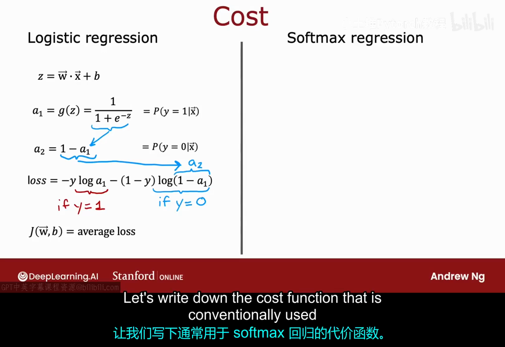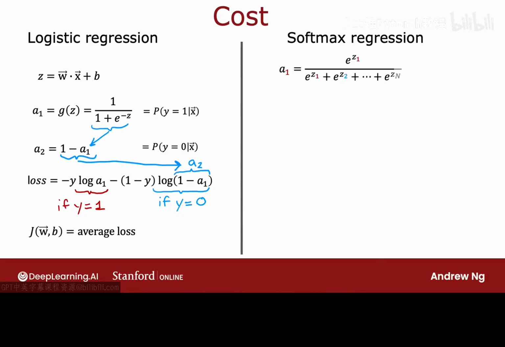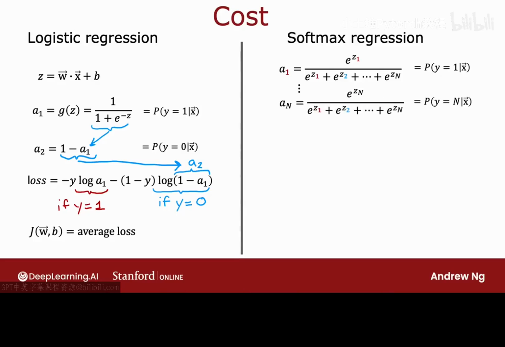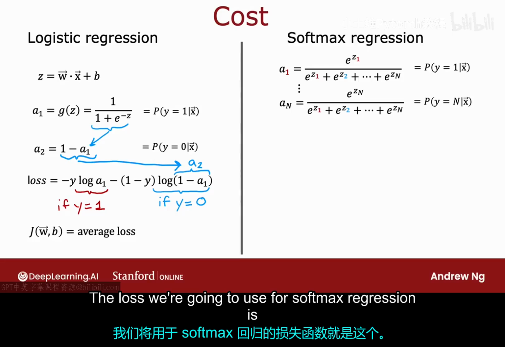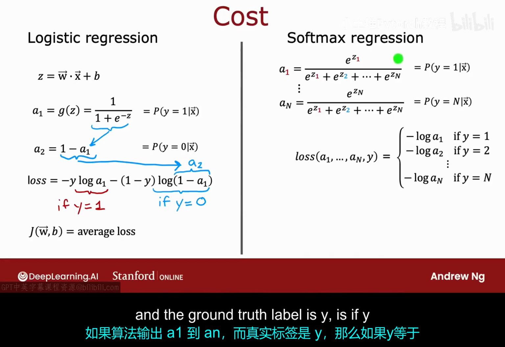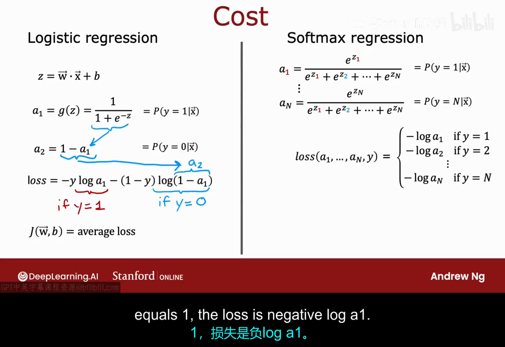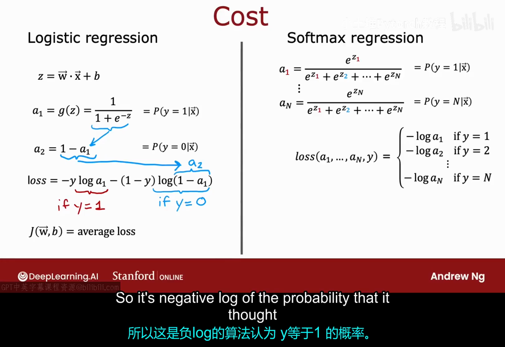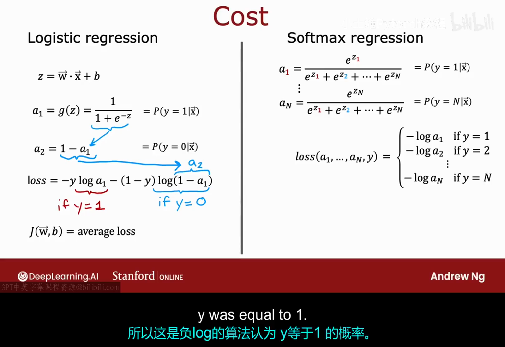Let's write down the cost function that is conventionally used for softmax regression. Recall that these are the equations we use for softmax regression. If the algorithm outputs a1 through an and the ground truth label is y, then if y equals 1, the loss is negative log a1, the negative log of the probability that it thought y was equal to 1.